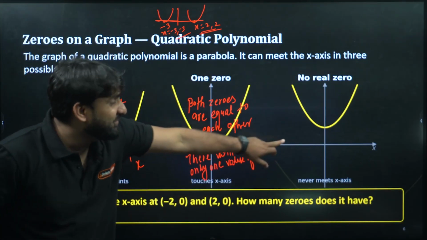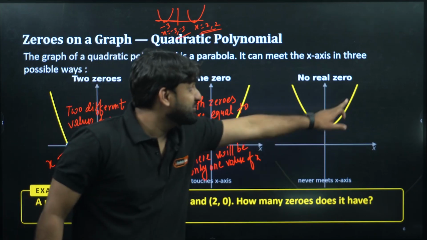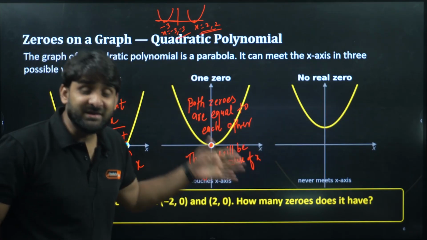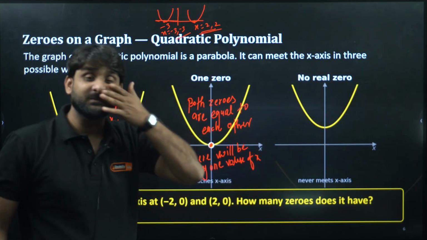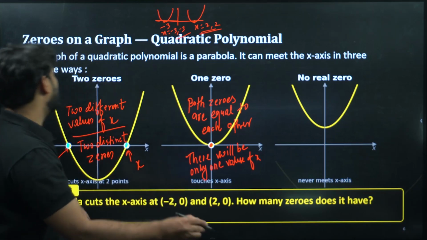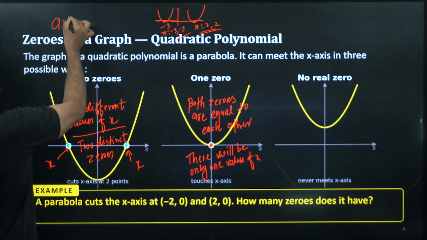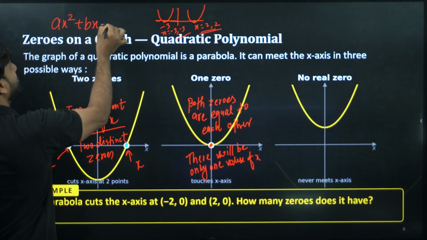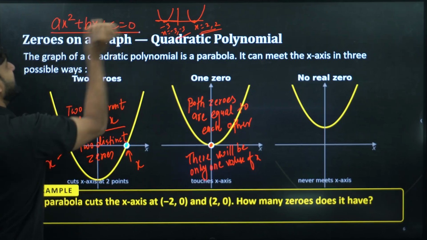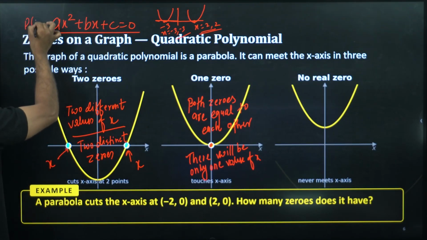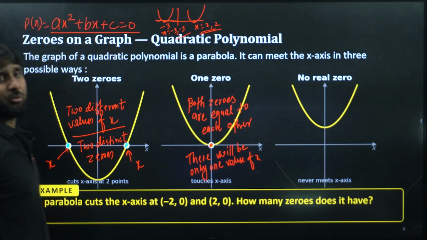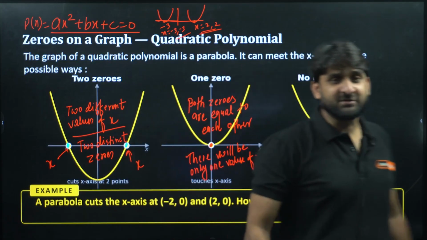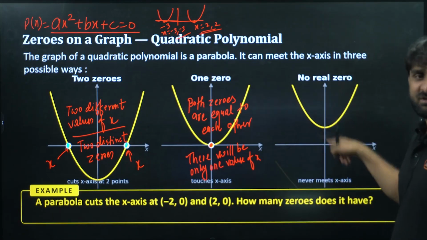Now can you see this parabola is not touching the x-axis, neither intersecting nor touching. Our general format of a quadratic polynomial is ax square plus bx plus c is equal to 0. This is our quadratic polynomial in terms of x, but it is neither intersecting nor touching.